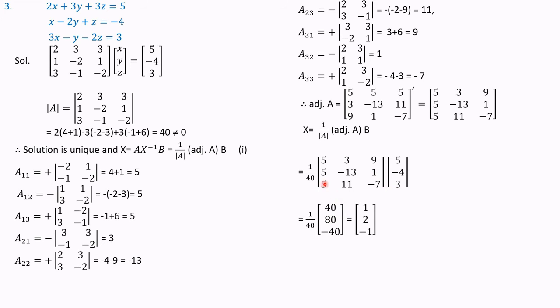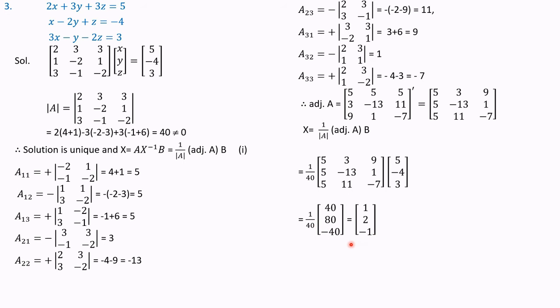And the third row is 5 into 5 is 25, minus 44 and minus 21. We get the value as minus 40. Simplifying, that is dividing this by 40, we get 40 by 40 is 1, 80 by 40 is 2, minus 40 by 40 is minus 1.